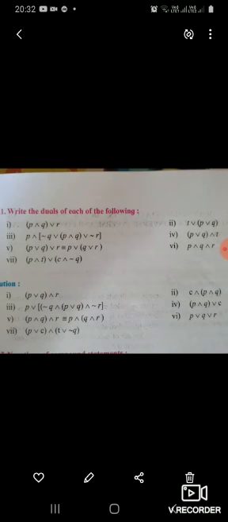Each and every one we have to find the dual statement. For the first one, P and Q goes to P or Q. This is the answer for the first one.